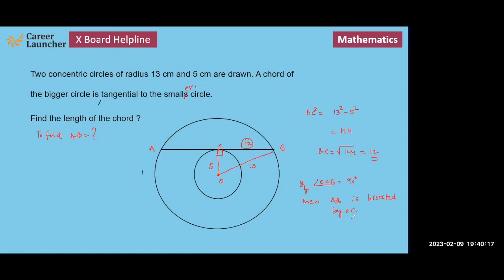What is the property? If you draw a perpendicular from the center of the circle to any chord, that perpendicular will bisect the chord. So we are going to apply this theorem here and say that if this is equal to 12, this should also be equal to 12 because AC is equal to BC. Since AC is equal to BC, AB will be equal to 12 into 2, that is 24 centimeters.